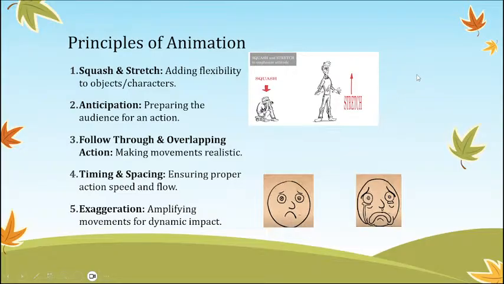How you arrange your pose before you do a jump. By seeing that pose, the audience will already know this person will jump in the next step. So that step we say is anticipation, preparing the audience for an action.